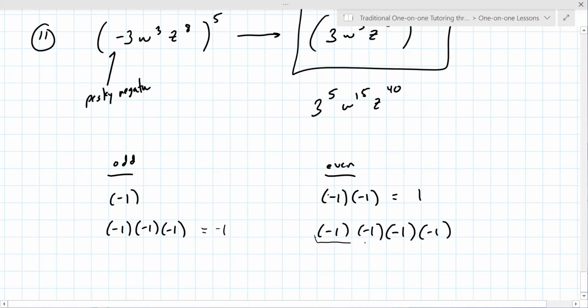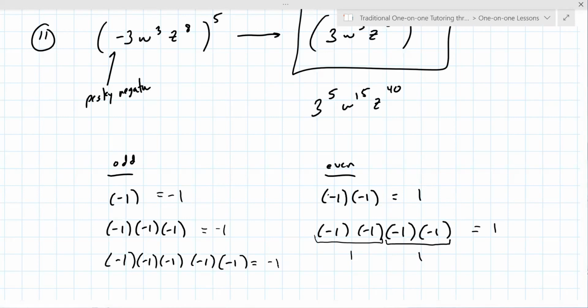So this grouping right here is +1, and this grouping right here is +1. What is 1 times 1? 1. Okay. -1 times -1 times -1 times -1 times -1. Can you guess what this will be? That would be 1 or -1. So this isn't clear. This is not clear at all. That's what I'm hearing. Yeah, it's not. Okay. All right.